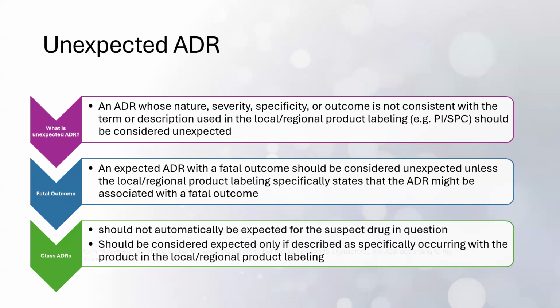An expected ADR with a fatal outcome should be considered unexpected unless it is in the local or regional product labeling. What I already told you: if it is not associated with any of the reference documents, then yes, it is something unexpected.